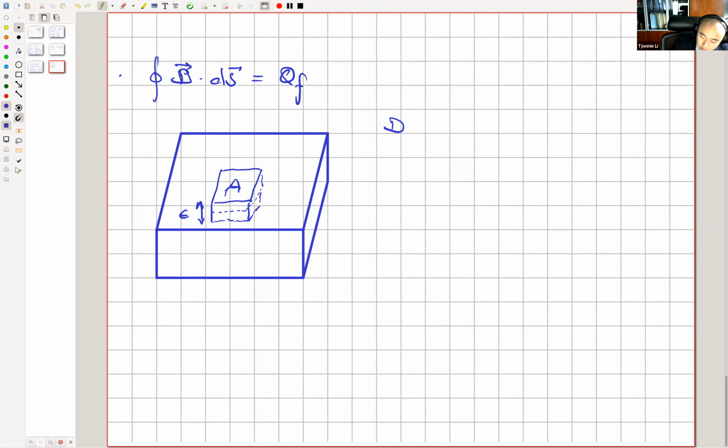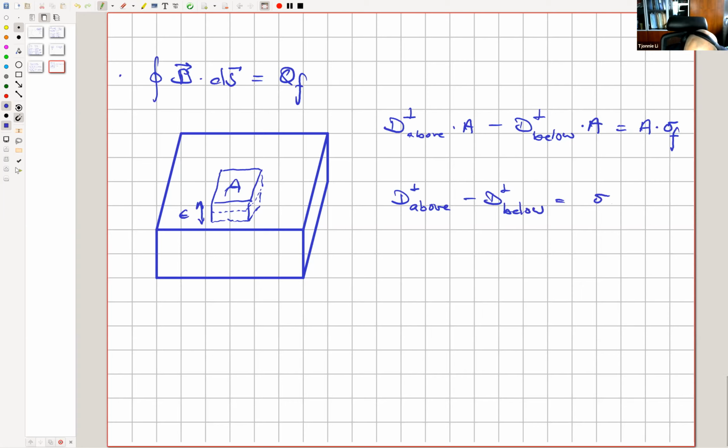The parallel one, because of the dot product, disappears. So I have D perpendicular above times A minus D perpendicular below times A equals the total free charge, which is A times some free charge density. Of course, all the A's can be cancelled out, and so I end up with D above minus D below equals sigma_F.